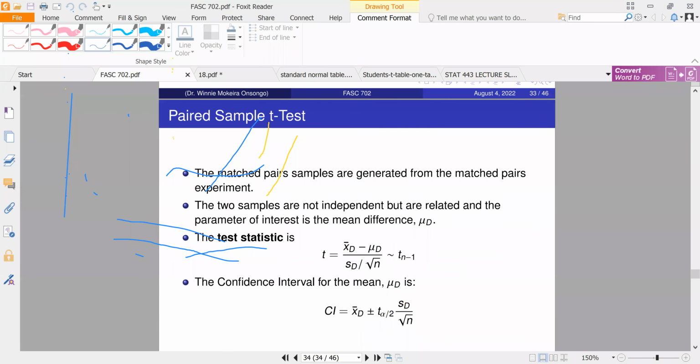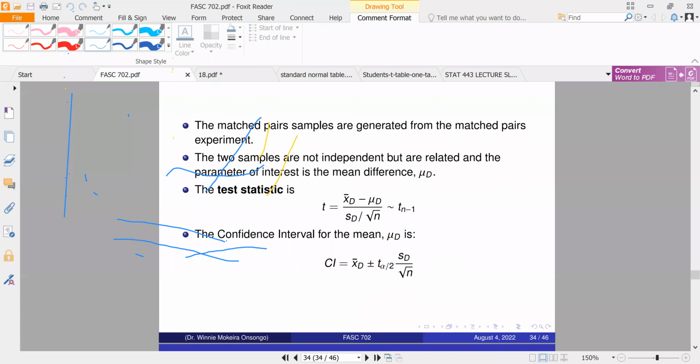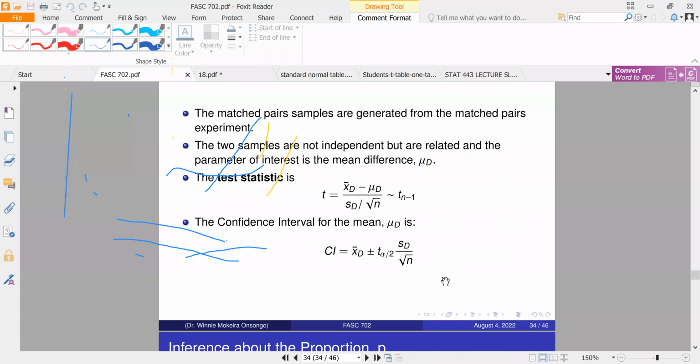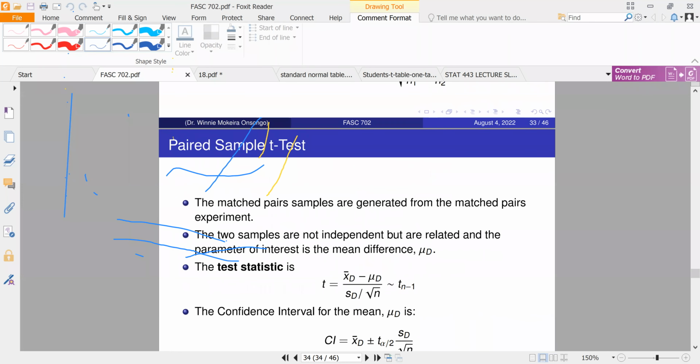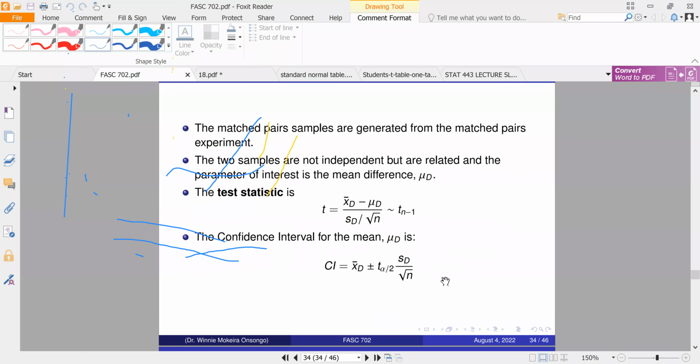The corresponding standard deviation is also calculated, and the confidence intervals are given as such. So please note that this case is particular to paired samples. In experimentation, you could have a scenario where you are pairing your samples, and if that scenario arises, then this is how you are going to calculate your T statistic and corresponding confidence intervals.